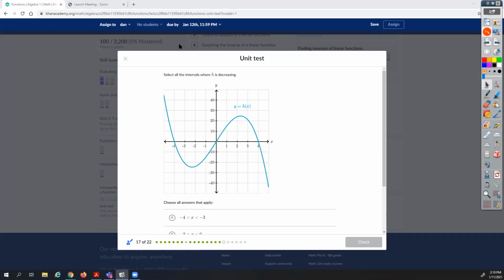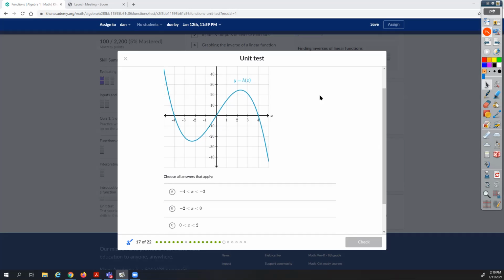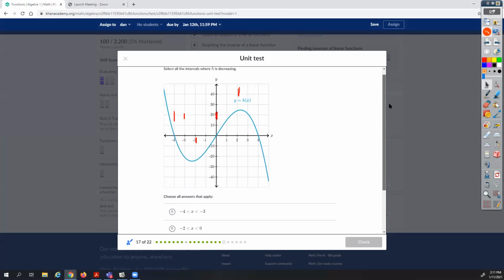Okay. Select the interval where h is increasing. Well, let's look at the numbers. It goes from -4 to -3, from -2 to 0, and it goes from 0 to 2, and then none of the above.